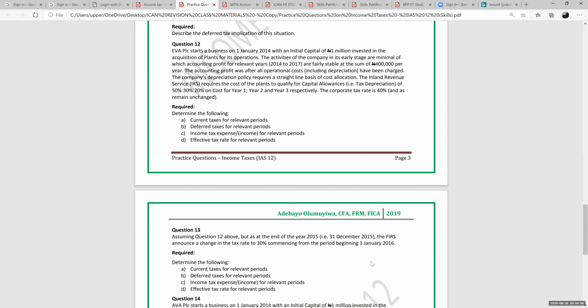We are required to carry out the same operation as what we did yesterday. A, current taxes for the relevant periods. B, deferred taxes for the relevant period. C, income tax expense or credit for the relevant periods. And lastly, we shall determine the effective tax rate.